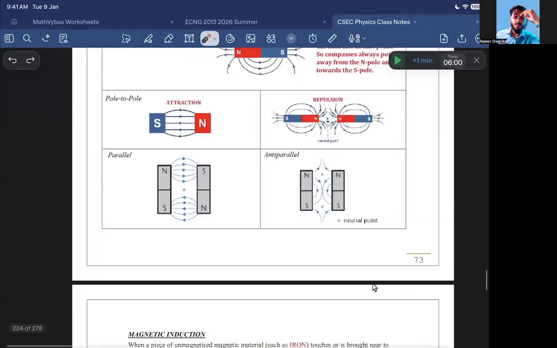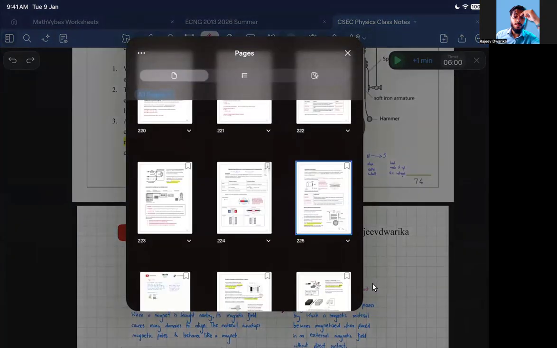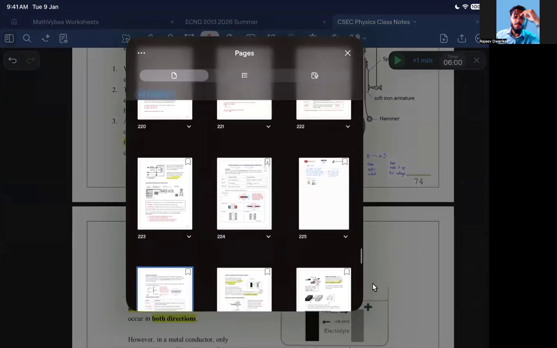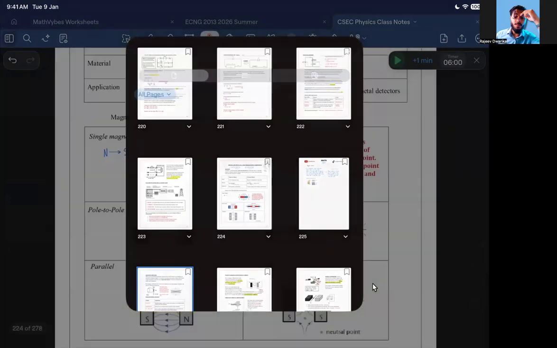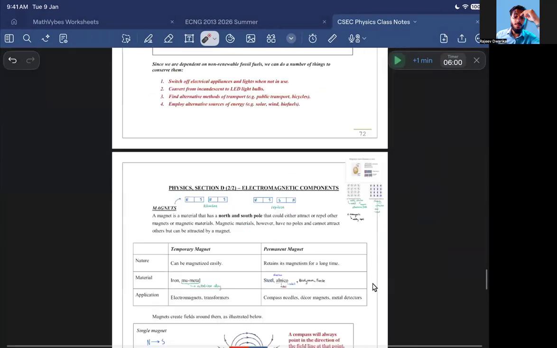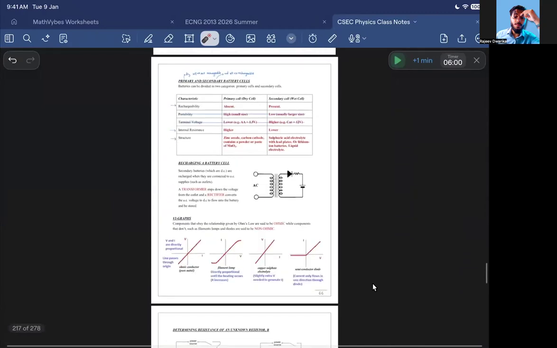Today, let's review what we looked at. Well, I showed you guys what magnetic induction is. We looked at what a magnet is. We looked at ferromagnetic, diamagnetic, and paramagnetic materials. And we also looked at capacitors.